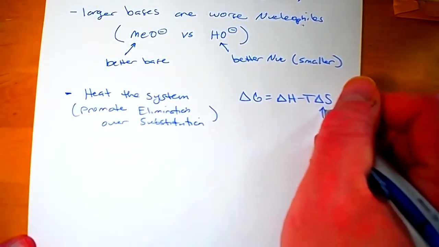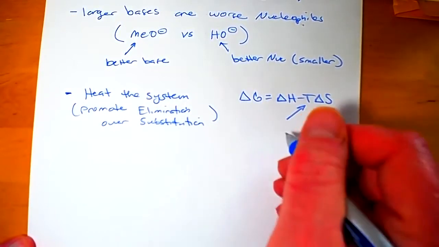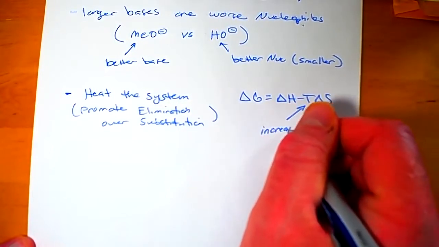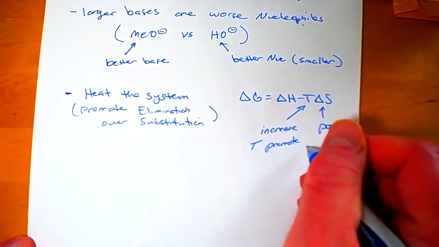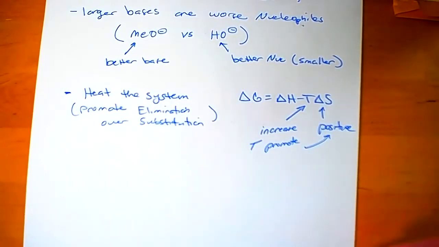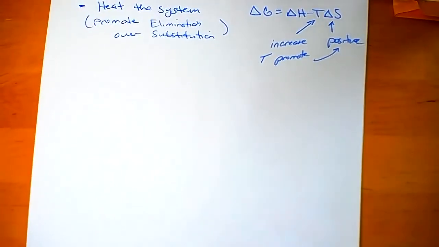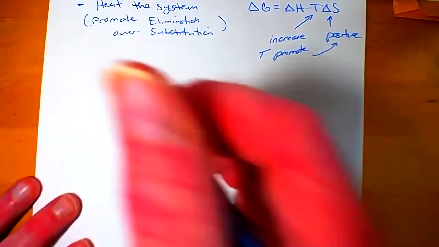If your entropy effect is positive, which it is with an elimination, then if you increase the temperature, that will promote this delta S term, helping to make the overall free energy negative, which is a spontaneous process. So that is a couple of things that we can do to help tilt everything in our favor towards elimination.